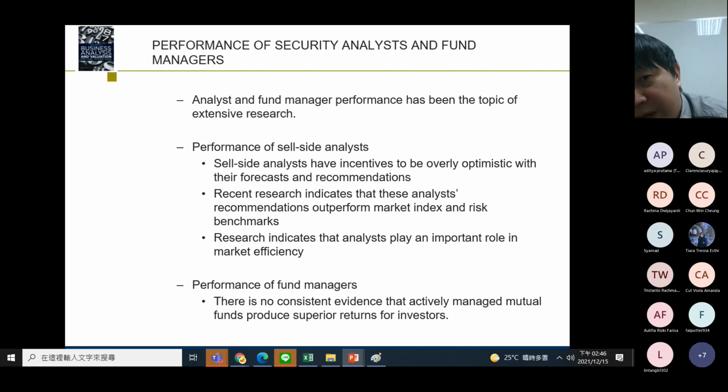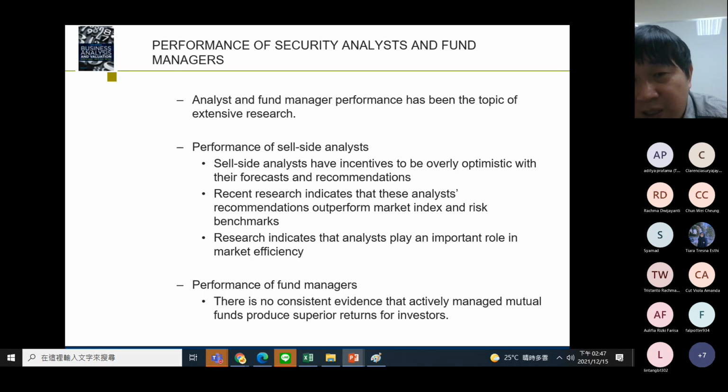Analyst and fund manager performance has been the topic of extensive research. Performance of sell-side analysts: sell-side analysts have the incentive to be overly optimistic with their forecasts and recommendations.